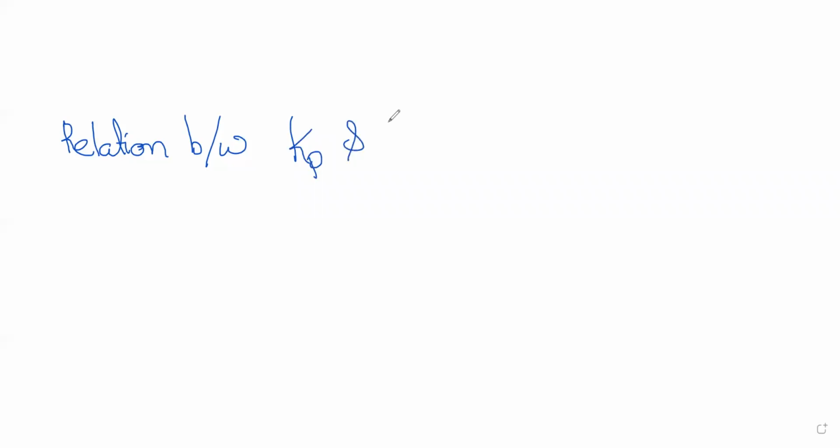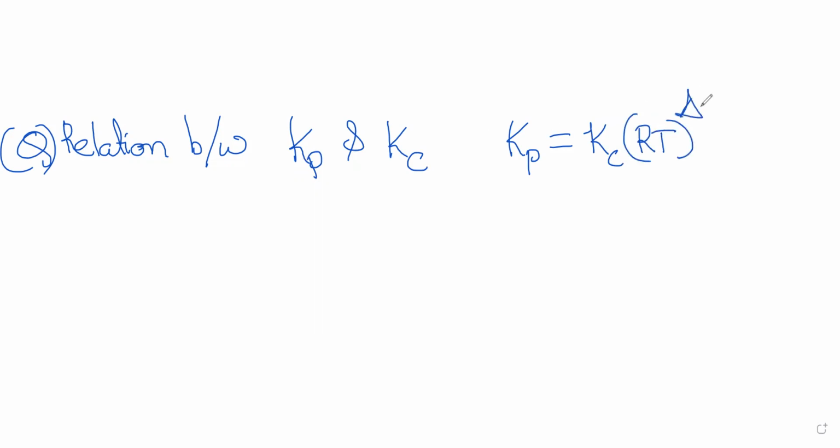Now, the relation between Kp and Kc. How do we find the relation? The relation is Kp is equal to Kc into RT whole to the power of delta n. I will explain all the terms.